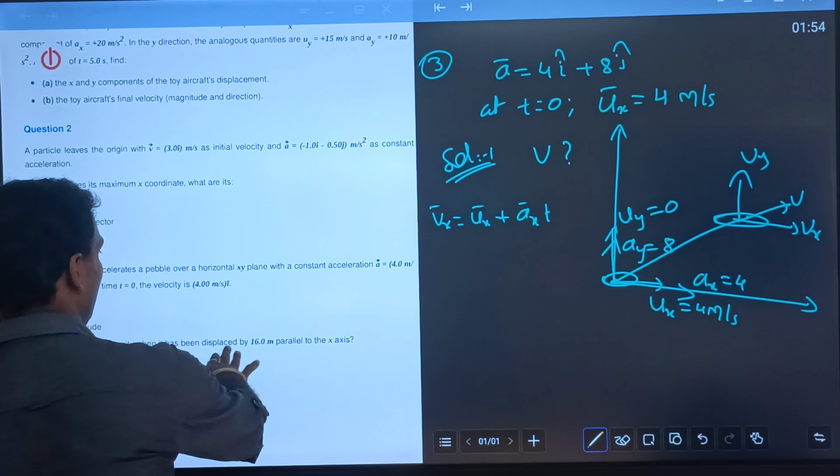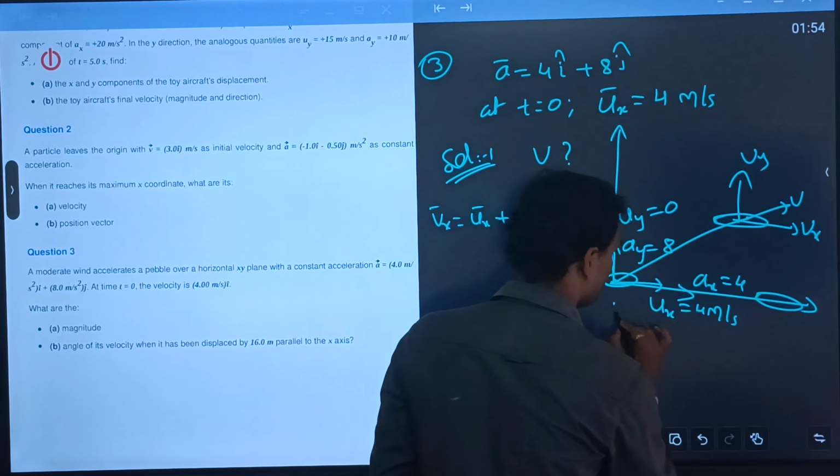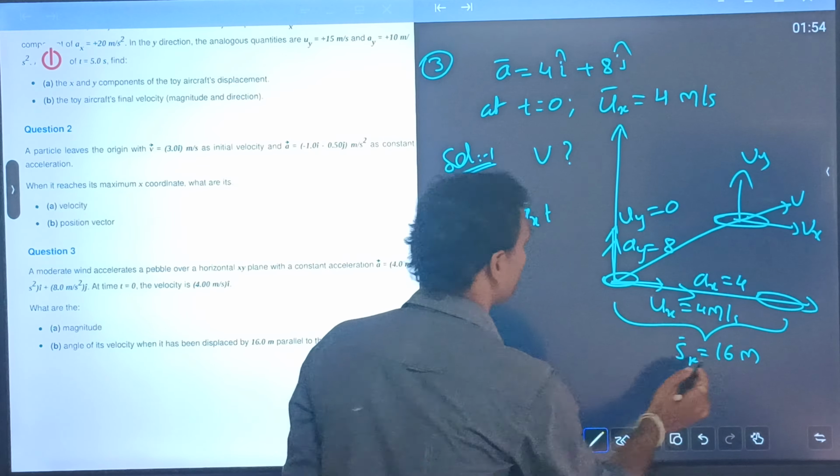That means when it has displaced 16 meters parallel to the x-axis, Sx is equal to 16 meters.